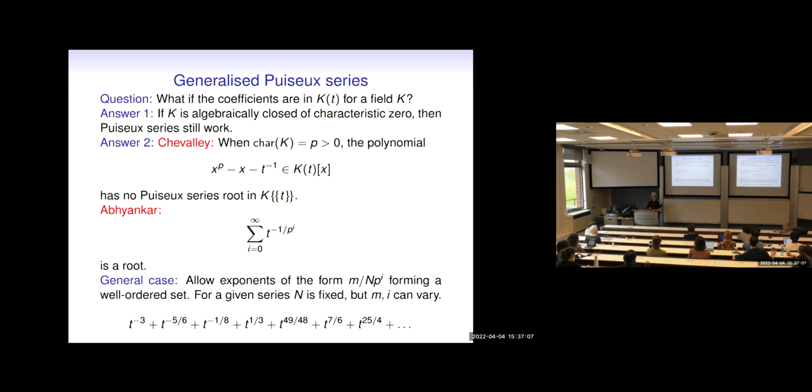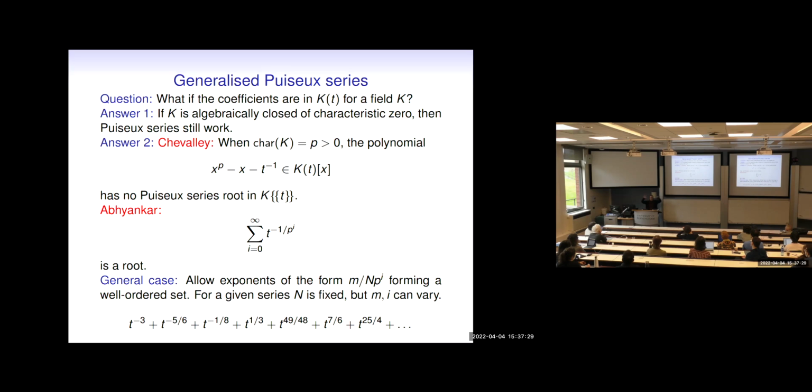And then there's this technical assumption that now that we're allowing denominators to get larger and larger, you might get accumulation points. So we have to put a technical assumption that the set of exponents that show up is well ordered. The issue is otherwise multiplication might not be well defined.